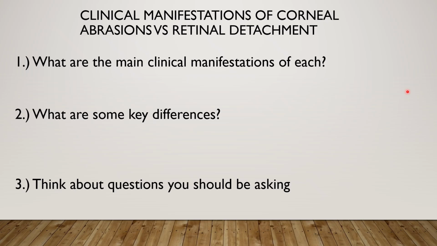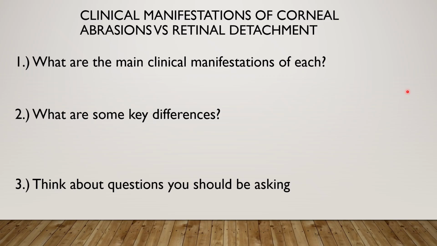So again, some key differences. The clinical manifestations of corneal abrasion are sharp, intense pain that worsens with blinking or eye movement, presents suddenly, and resolves within 24 to 72 hours.